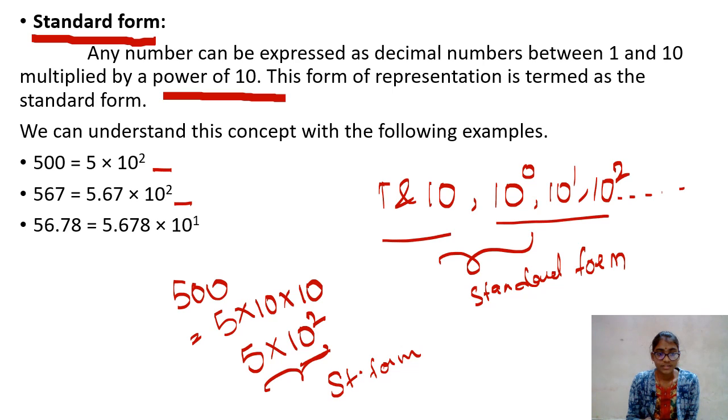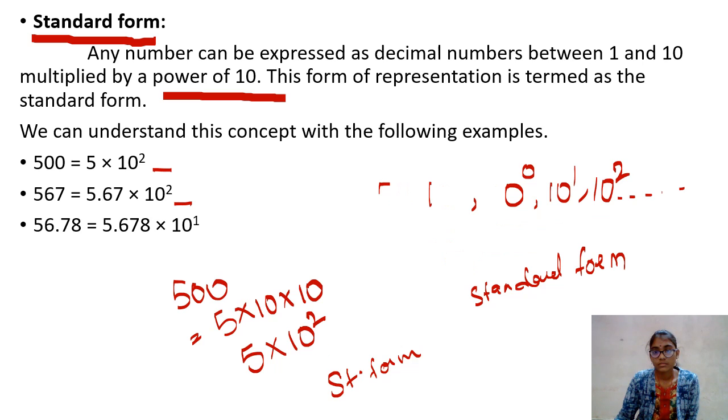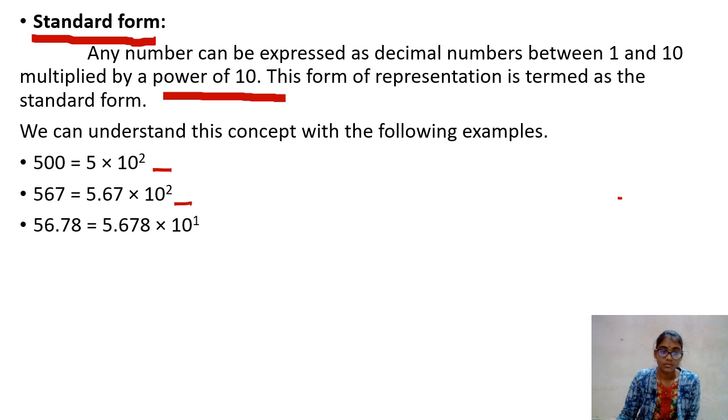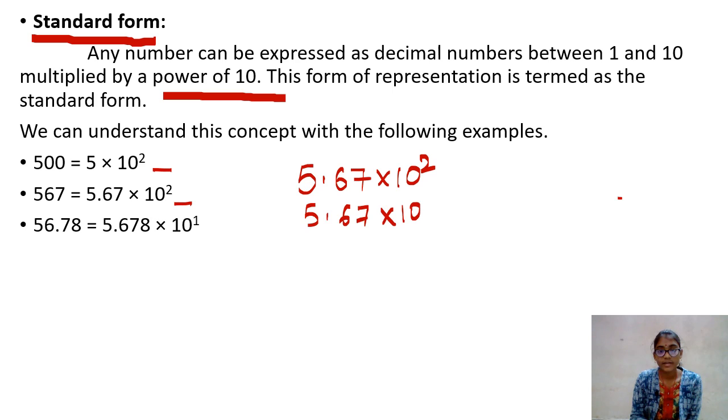How? 10 square means 5.67 into 100, right?